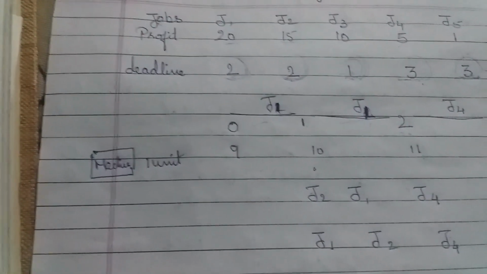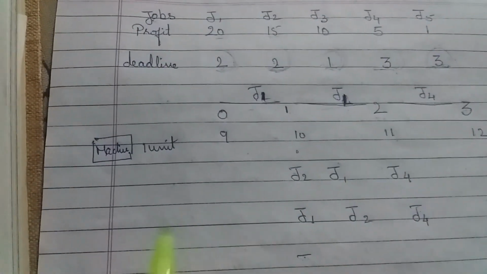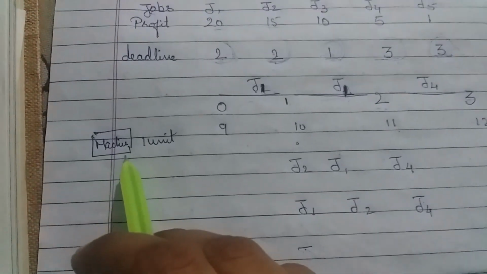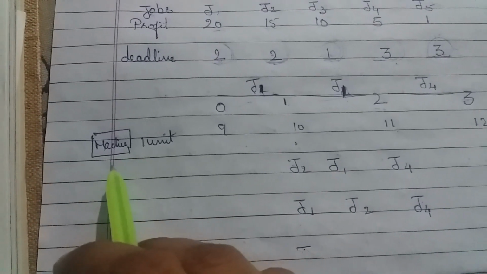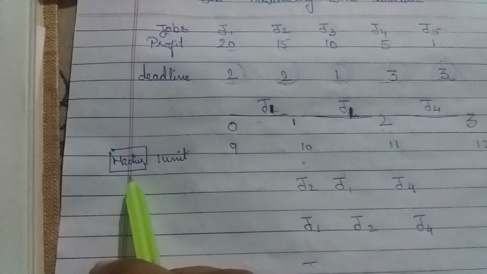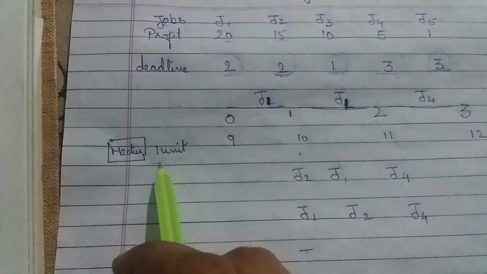To solve this problem, assume that there is a machine, and this machine is used to process the jobs, and each job takes 1 unit of time for its completion. 1 unit is nothing but 1 hour.